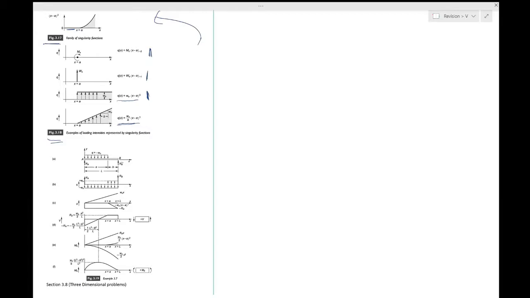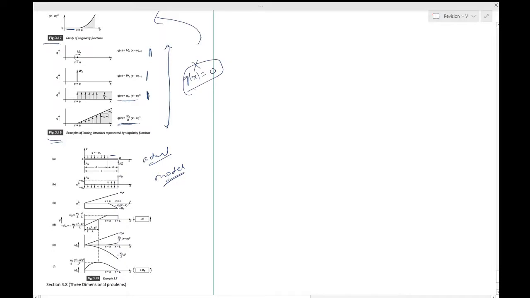So this was the actual problem, this is the model. One thing you should notice is that if you look at these 4 options in front of you, there is no option for qx equal to 0. This does not exist as a singularity function, and you would need that in this part, because there is no intensity in this part.